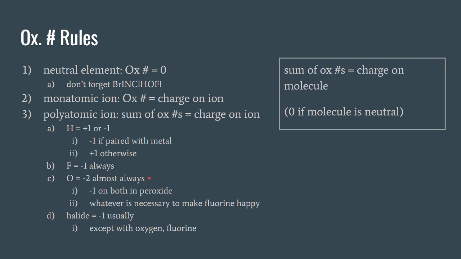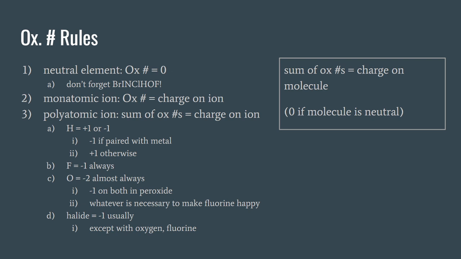Oxygen, the second most electronegative element, has an oxidation number of -2 most of the time. If you're looking at a peroxide, remember peroxide is O2 2-, a polyatomic ion, then each of the oxygens in the peroxide will have an oxidation number of -1.